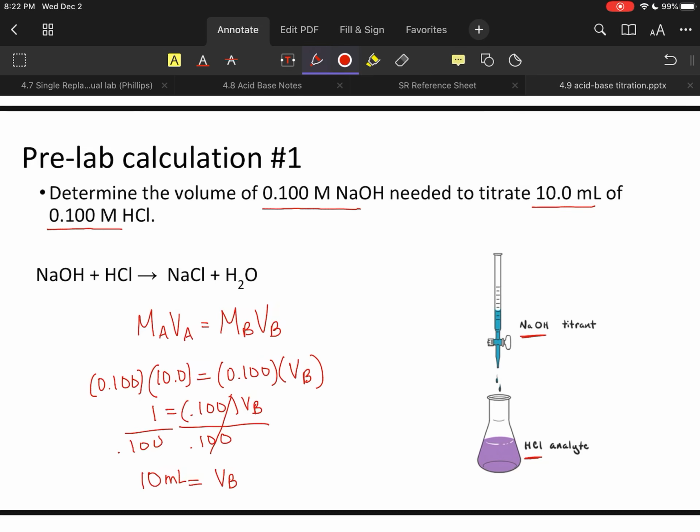So that's saying I need to add 10 milliliters of this base in order to reach my equivalence point.